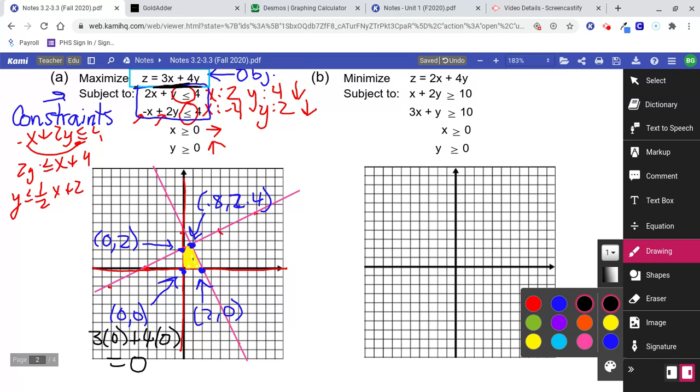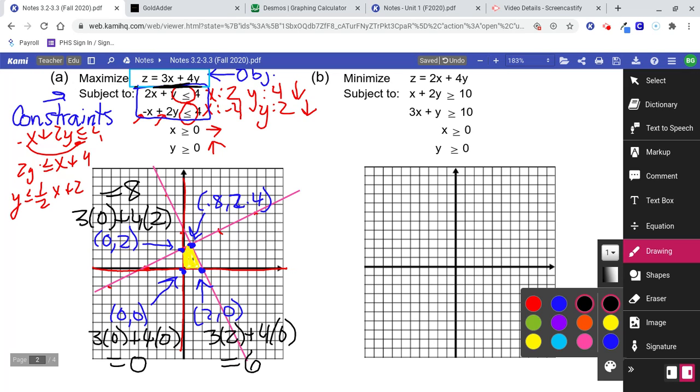You do that for each of those 4 corners. The next one's going to be 3 times the x number, which is 2, plus 4 times the y number, which is 0. That's going to be 6 plus 0 equals 6. And over here, that's 3 times 0 plus 4 times 2. That's 0 plus 8 is 8.